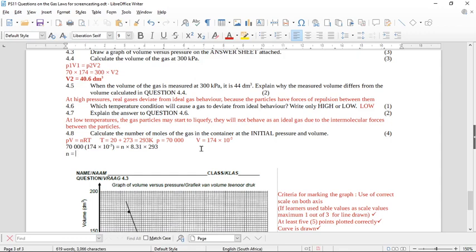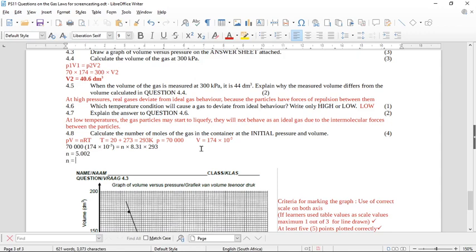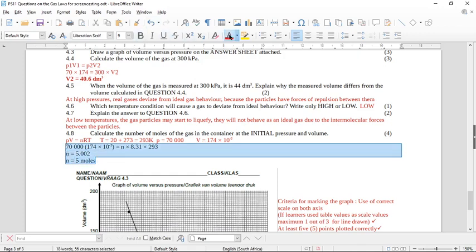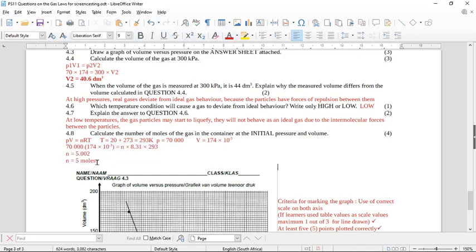That doesn't help. 70,000 times 10 to the negative 3 divided by... I've got 5.002. So I'm going to say n equals 5 moles. And that there should be my final answer. There should be 5 moles of gas in this reaction.